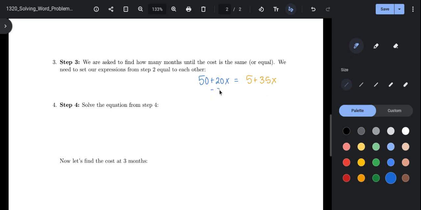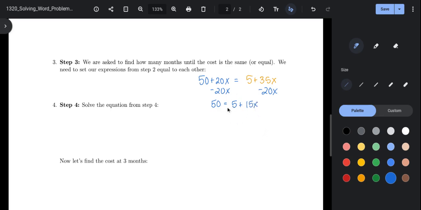I'm going to subtract away this 20x. And remember, what I do to one side, I have to do to the other. So in this case, we're left with 50 on the left-hand side. And on the right, we have 5 plus, and 35x minus 20x is going to be a positive 15x.